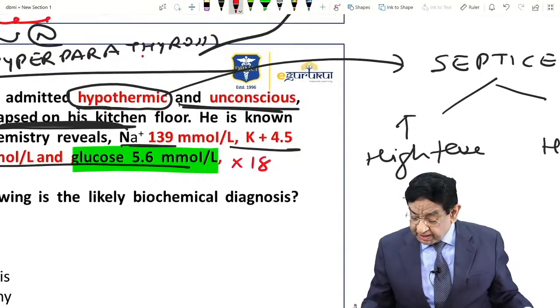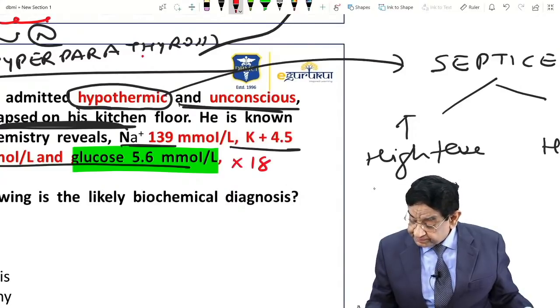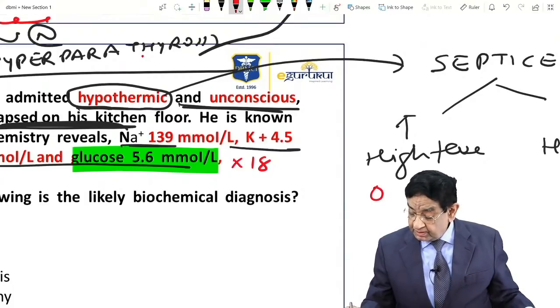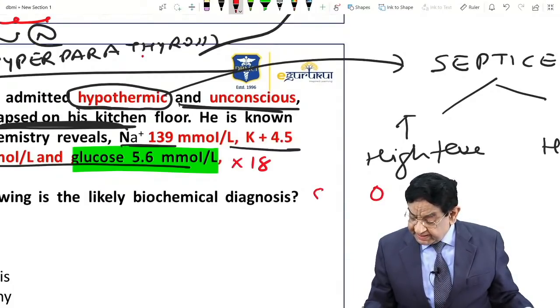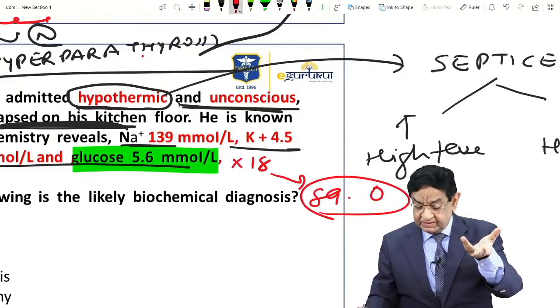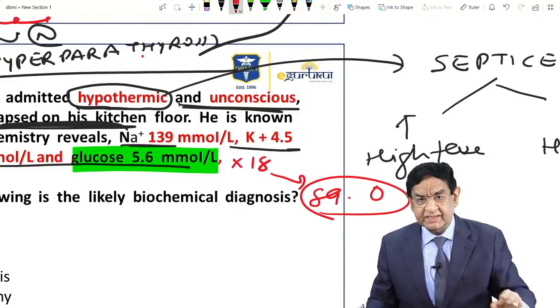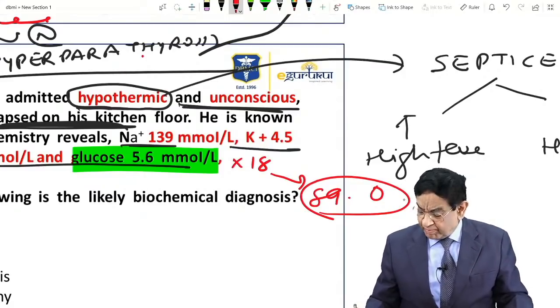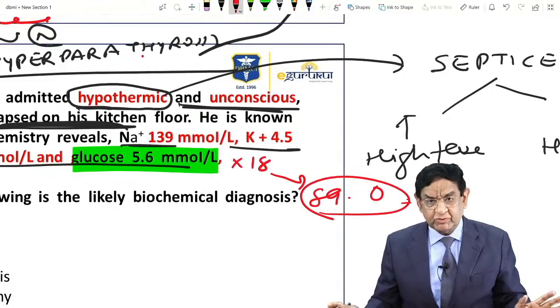So this comes out to be somewhere around 89, if I'm not wrong. My mathematics is not so good. Somewhere around 89, or around 90. Normal range. It's quite normal.